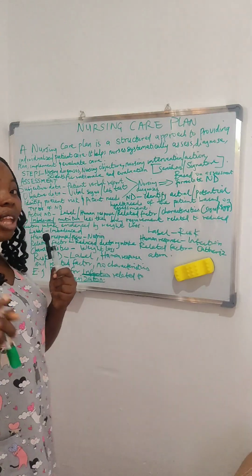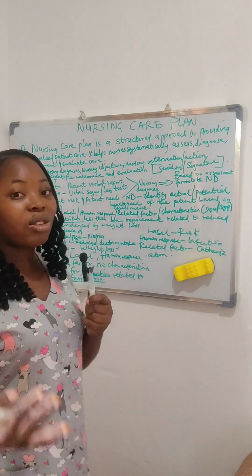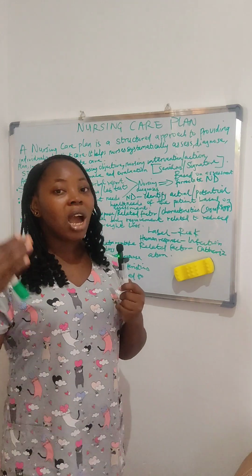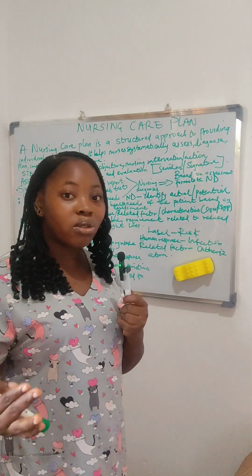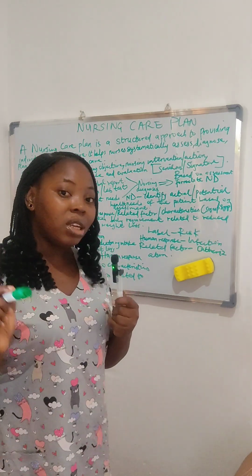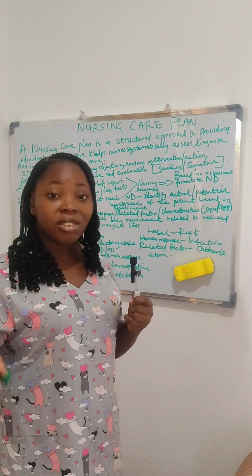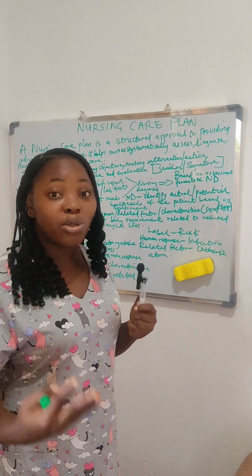Why risk nursing diagnosis? It is yet to happen. With prompt and quick intervention by the nurse, the risk diagnosis can be prevented. It has no characteristics, no signs and symptoms, because it is yet to happen.